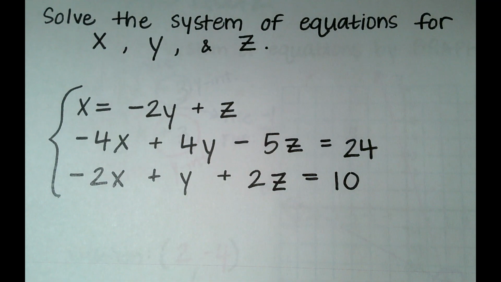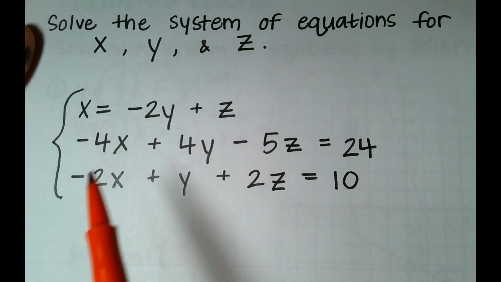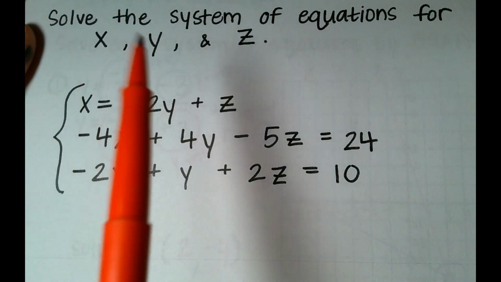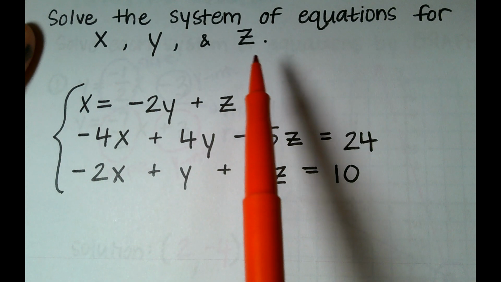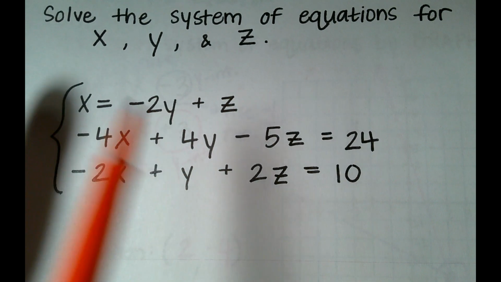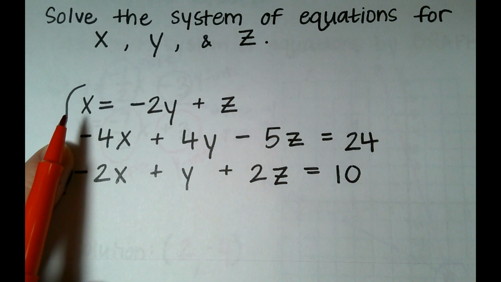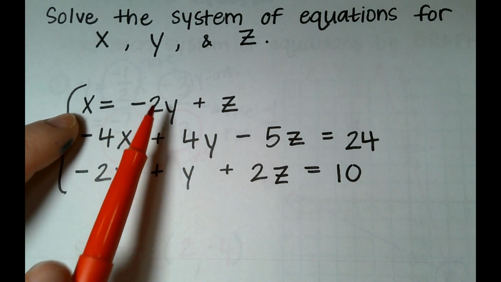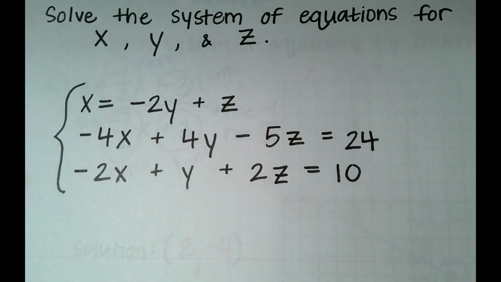So I actually personally have not done this one just yet, but we're going to figure it out as we go. Let's see. So I need to solve for x, I need to solve for y, and I need to solve for z. I have here so far that x is equal to negative 2y plus z.